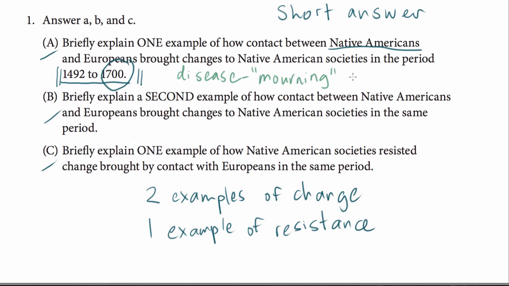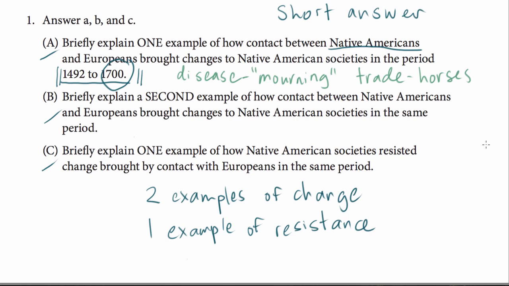You could also talk about trade. For example, horses might be a good example of this. The Spanish brought horses to the New World, which completely changed the form of transportation and wealth for a lot of Native American societies on the Great Plains.